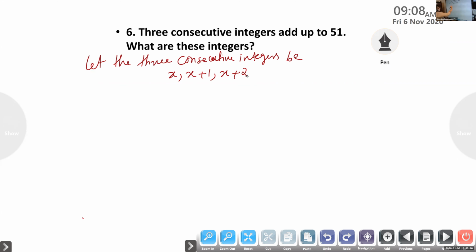And their sum is 51. So x plus x plus 1 plus x plus 2 equal to 51. Now you can find x.